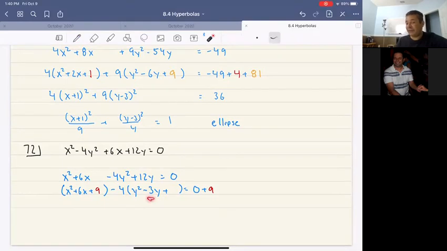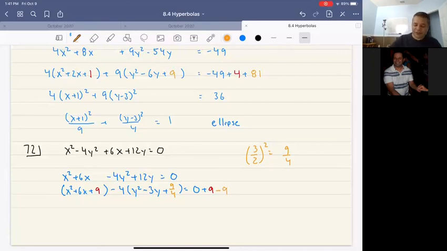That's 3 halves, and 3 halves squared is 9 over 4. So that's what we're going to add. Now we have to multiply that 9 over 4 by 4, so we're going to add 9 again, except, oh man, we're subtracting it. So we're actually going to subtract 9.